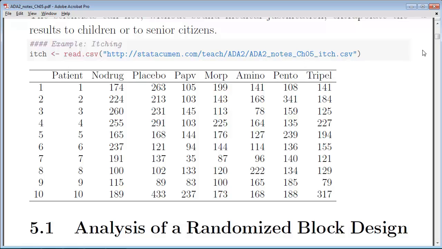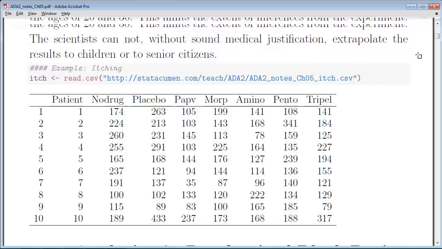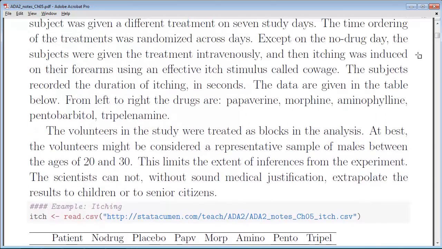Ideally, the full data table for this data would also have the order that the drugs were given. This is sort of a simplified version of that. The full names of the drugs are up here in the text.